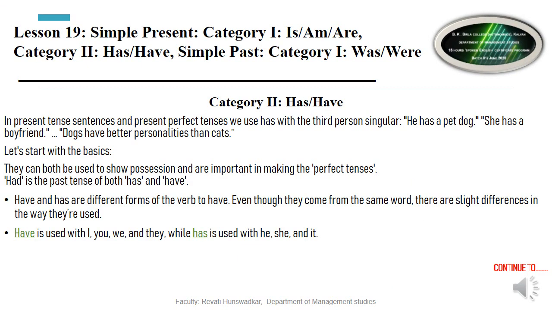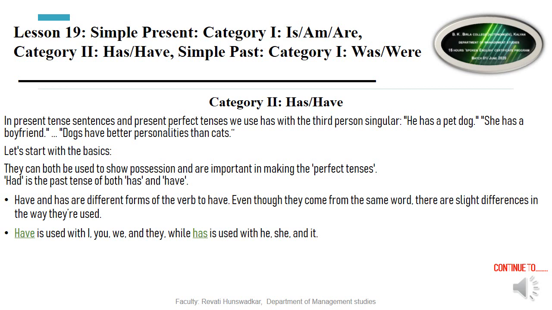Let's move further to category 2, that is has and have. So has and have, with a third person singular subject we use has. If I have to make an affirmative, that is a positive sentence, I can make: He has a pen. Now the same sentence you have to convert into negative: He does not have a pen.